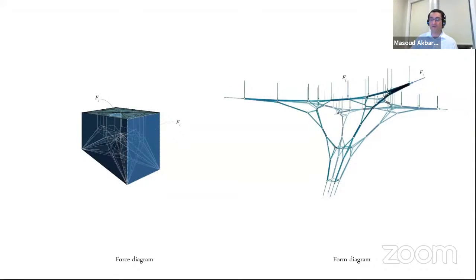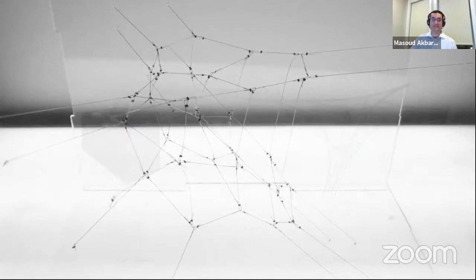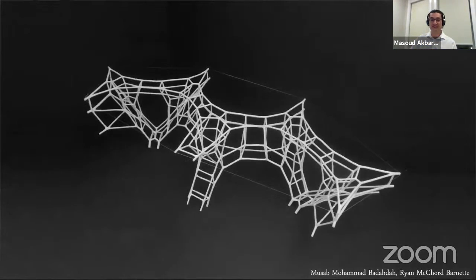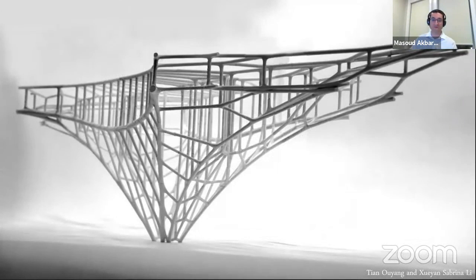Now, I'm actually using this technique of design in my elective course with my students here at the Weitzman School of Design. And you see there is no limitation with typologies of the structural forms and these creative ideas that they might have in transferring the loads from boundary conditions.